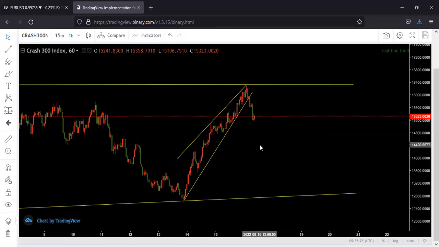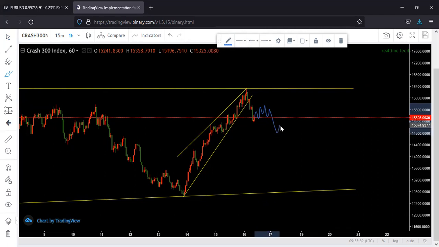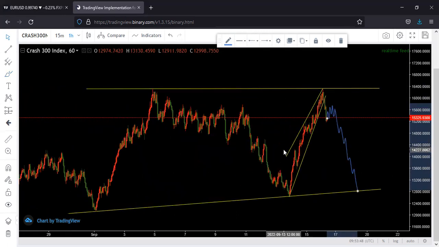So here, what is possible? We know that this price may drop to the downside, all right? So it may drop to the downside. Maybe it will correct here. And we shall be looking for selling opportunities, all right?